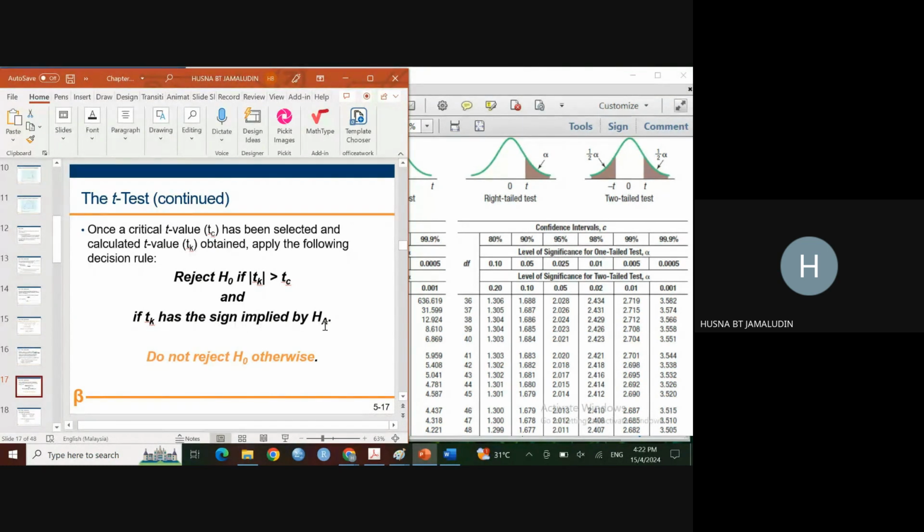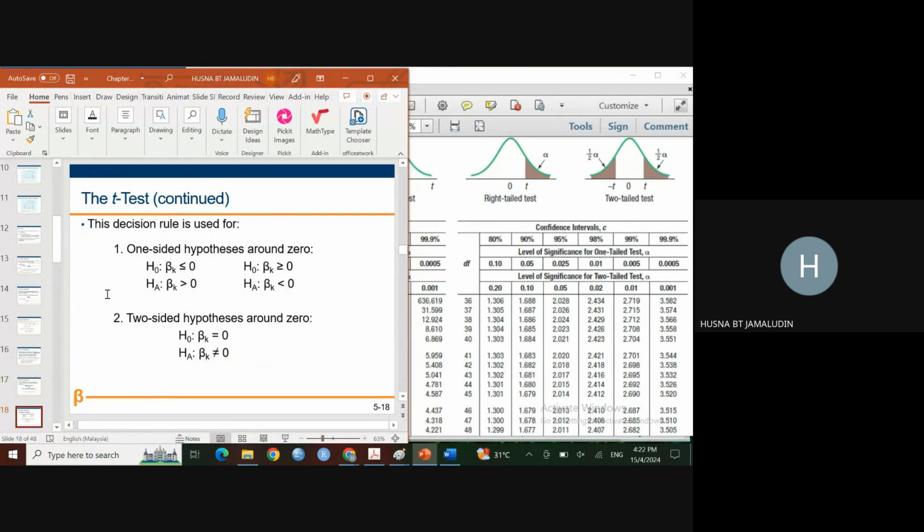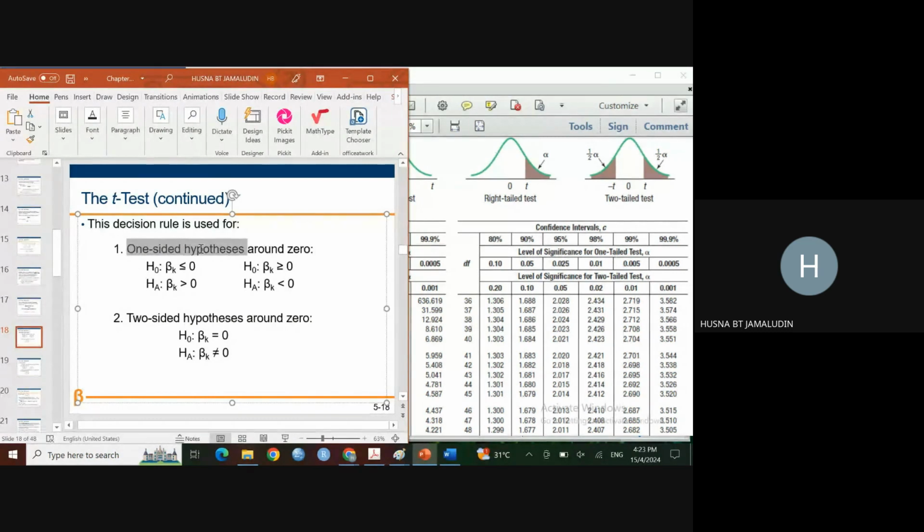If your hypothesis said the sign should be positive and it is positive, then you reject the null. If the sign is different, you cannot reject the null. So this is the decision rule, just an example for a one-sided hypothesis or one-tail test. You can see that this is bigger or this is smaller. Two-sided, well, the same thing. Two-sided means that you have equals or not equal.